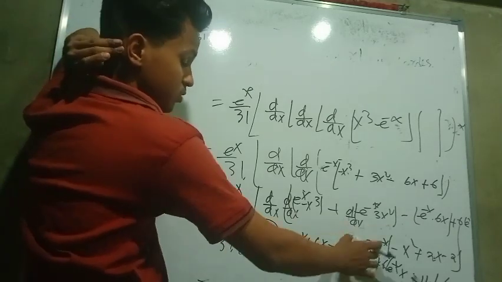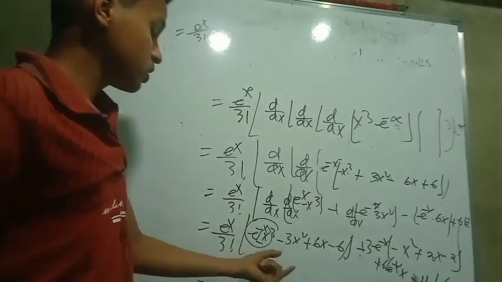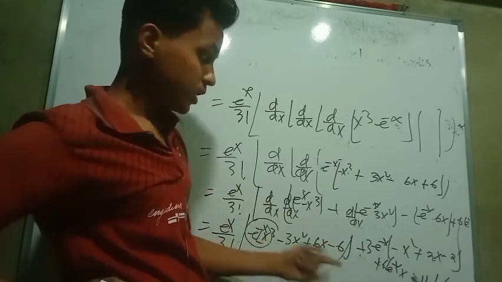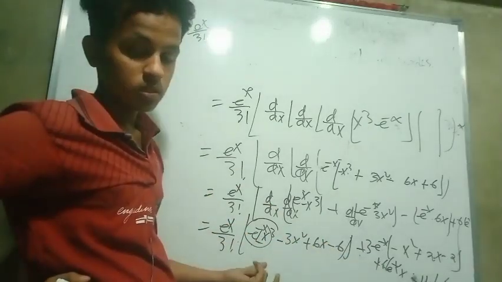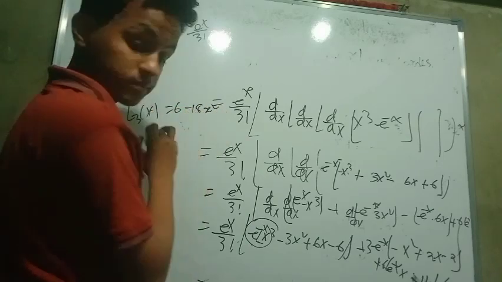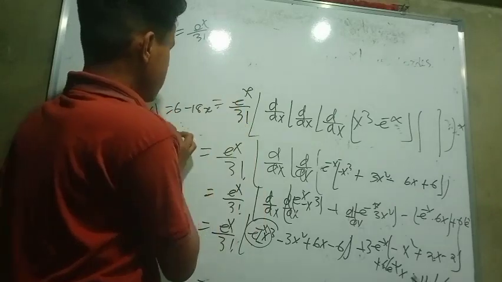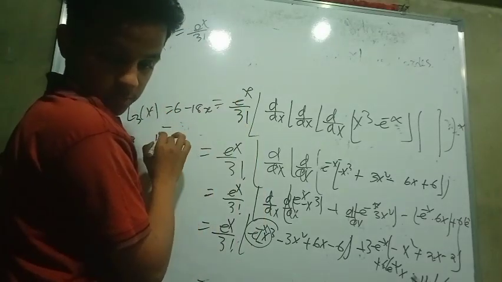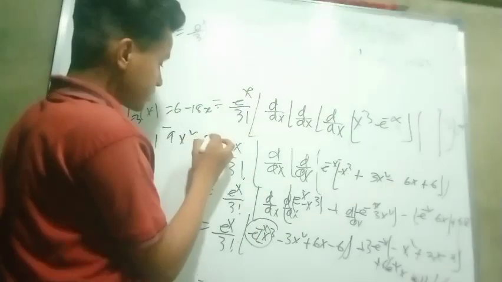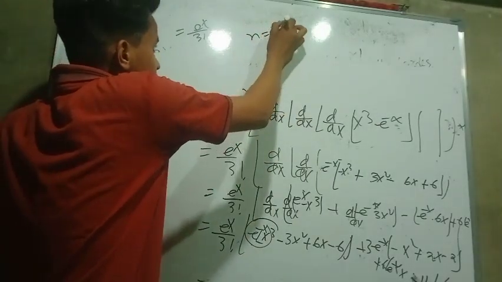So this is the result exactly what we have done. Now we have this result, and we can put the value of this from here, and after that we get a result which is 6 minus 18x plus 9x² minus x³, which is our result. Okay. Now for this, n equal to 0 you can find it.